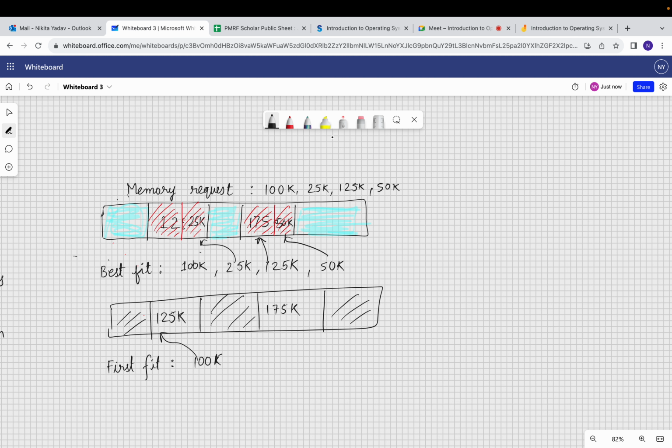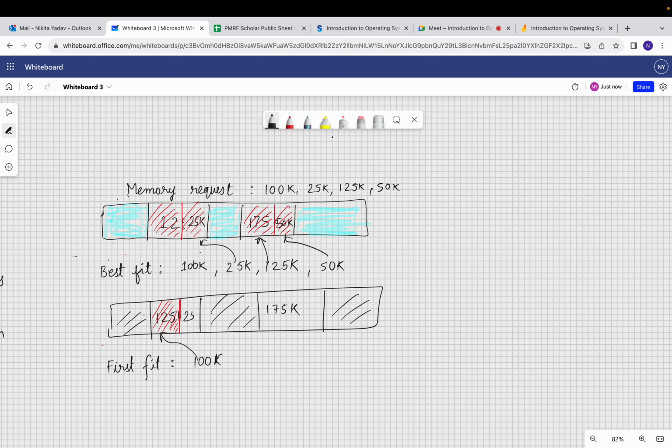You just have to find the first available chunk that can store it. 125 is definitely greater than 100 kilobytes, so you store it here. The left amount is 25.